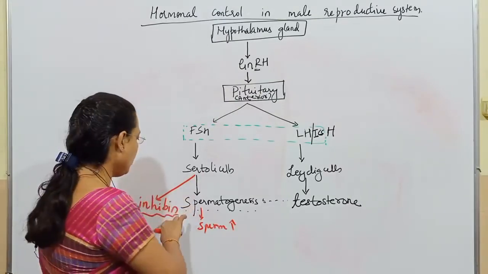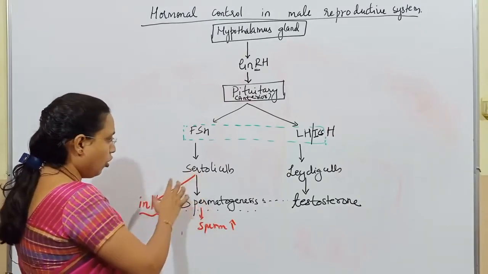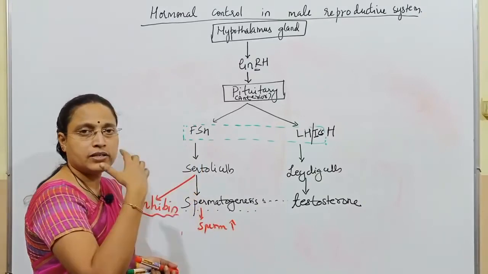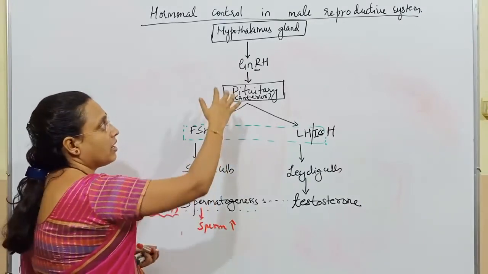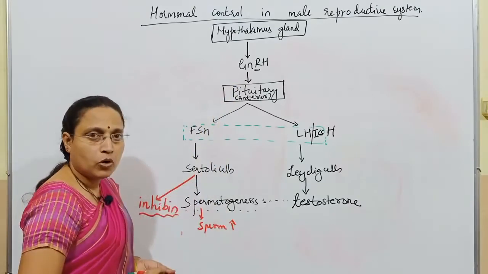What does this hormone, inhibin, do? Inhibin is a hormone, therefore it should move through the blood circulatory system, enter the blood, and reach the glands and various parts of the body.